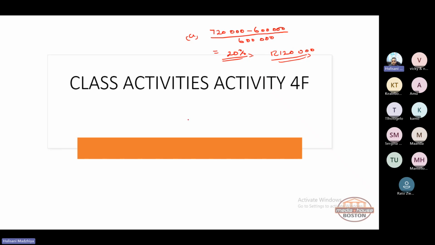So in terms of number B, it says calculate the gross profit margin. Most of you get confused by the terminology since we are now working towards financial statement analysis. So I will explain the difference. If the question says calculate the gross profit, that means you are calculating it in rand value.